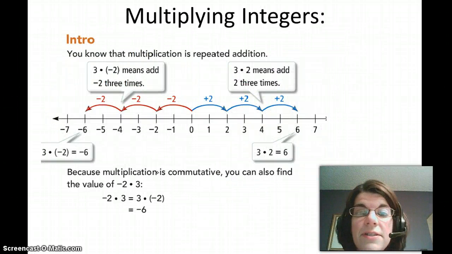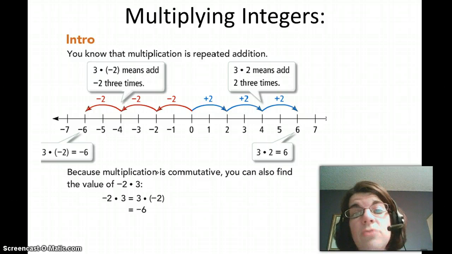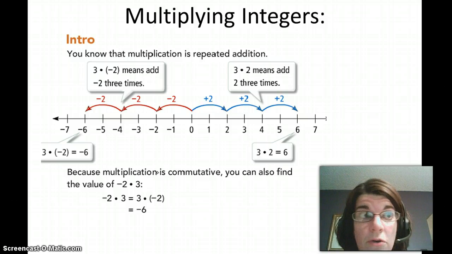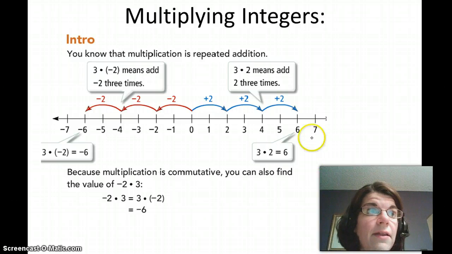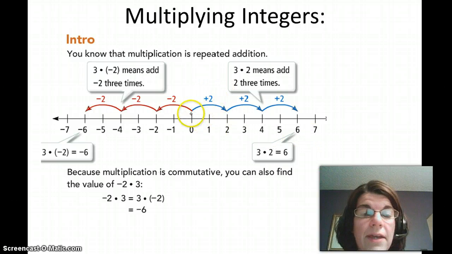All right, let's take a look at this slide. This slide is telling you that multiplication is repeated addition, which you already knew. If I take 3 times 2, we're adding 2 3 times. So 3 groups of 2.